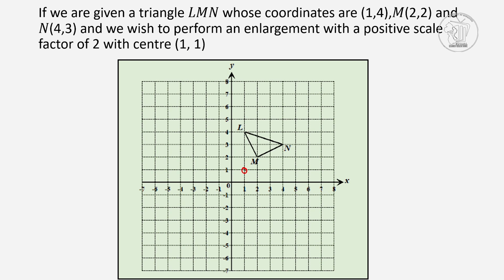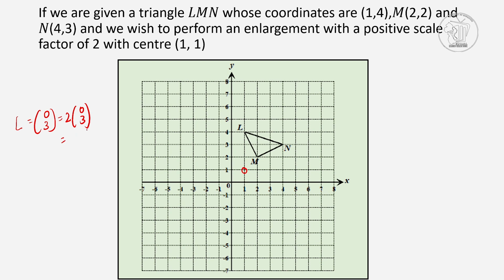So we think about what we can do to move from the center of enlargement to this point L. So for L, we go 0 times across and we go 1, 2, 3 times up. So this shape has a scale factor of 2. So to find the new coordinate for point L, it would be 2 multiplied by this, which is (0, 3).